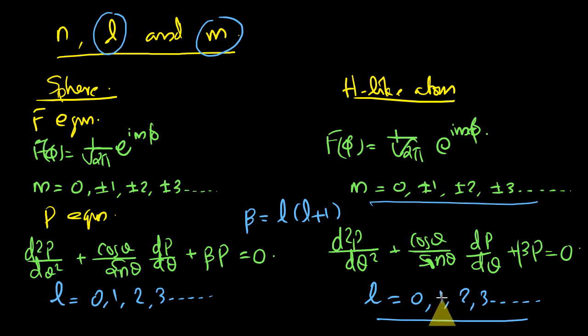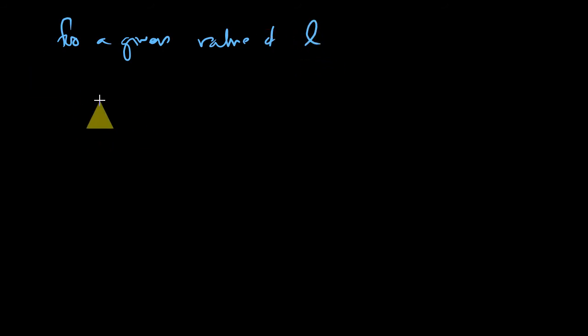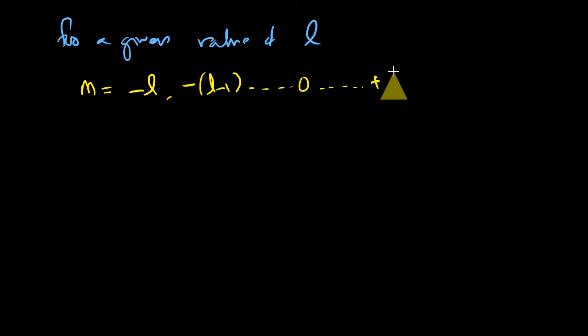Now there is a relation between L and m that we also established in the case of the particle on a sphere: the value of m depends upon L. For a given value of L, the possible values of m are minus L, minus of L minus 1, etc., through 0 to plus L minus 1, and the last value is plus L. So the possible values of m are minus L to plus L through 0.